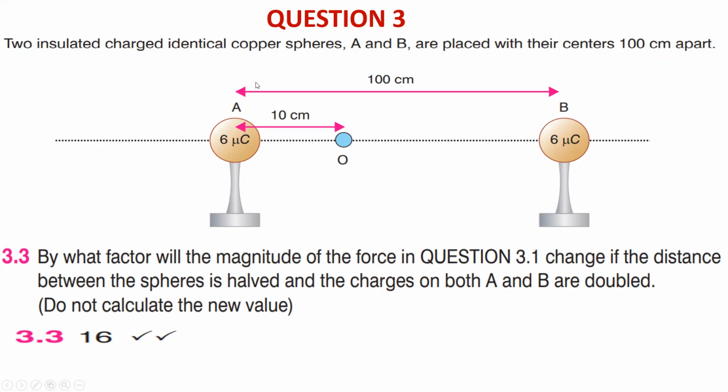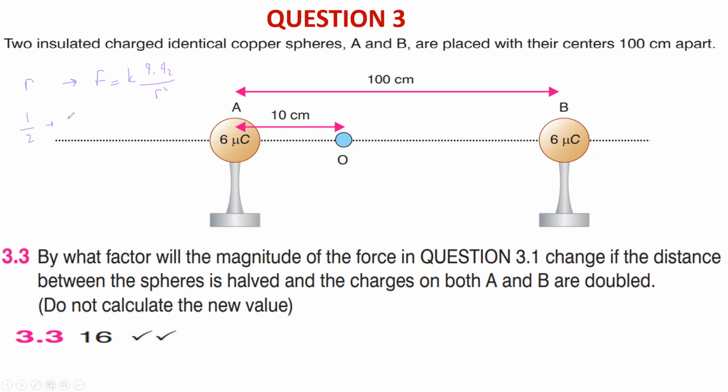So let's try to explain, but you don't have to show this during the exam. Just to understand, we write down the distance, getting half. For now you have 100, but let's carry on with R and R over 2. If you have R, your formula is F equals K times Q1 times Q2 over R square, right? So 1 over R square. So if you make the distance half, you have 1 over 2.